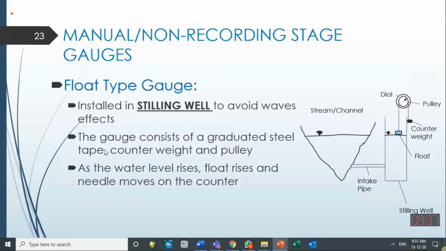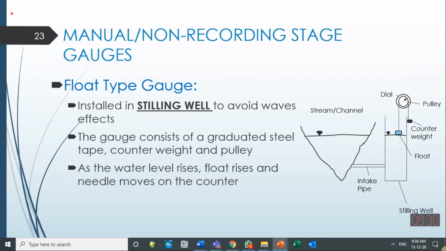Another kind of staff measurement is the float type gauge. It is usually installed in a stilling well. So what is a stilling well? Close to a channel, we can make a well-like structure made of concrete or masonry, and we can connect that well-like structure or room-like structure with the channel itself. So whatever the water level is in the channel, the same will be the water level in this well.